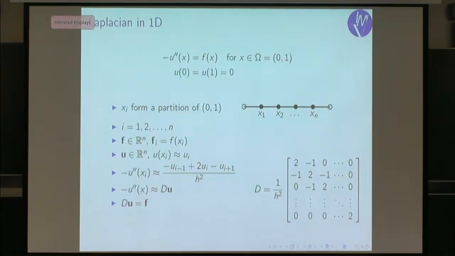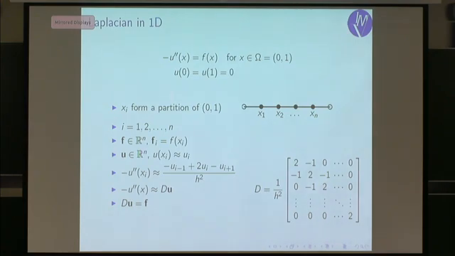And I believe it's clearly visible from the formula that it can be written as a matrix times vector u, right? If I have the vector u of these values, I can multiply this vector by this matrix and obtain formulas in this form, right? This number 2 is on the diagonal, and the -1 entries are on the subdiagonal and the superdiagonal.